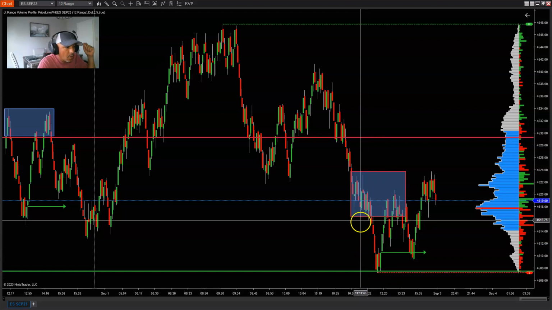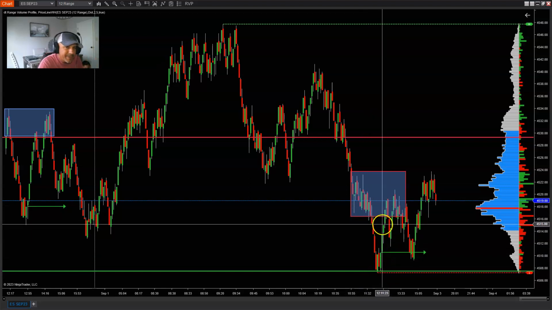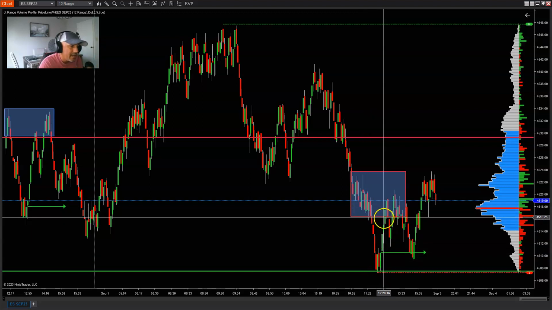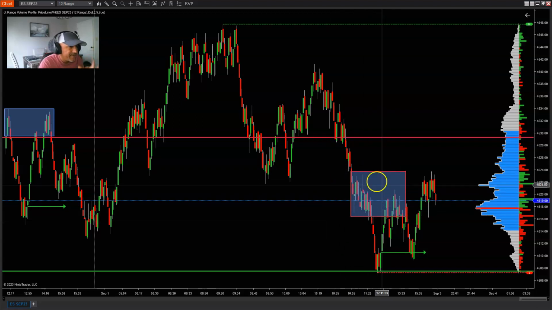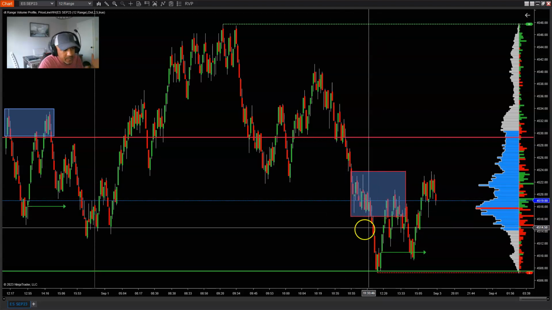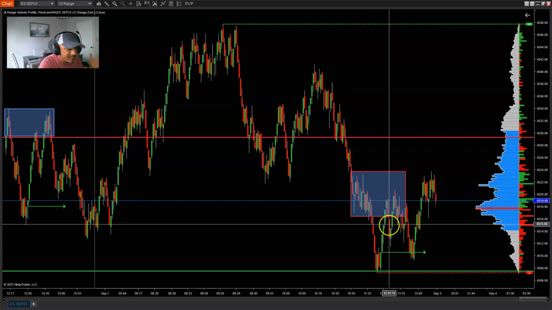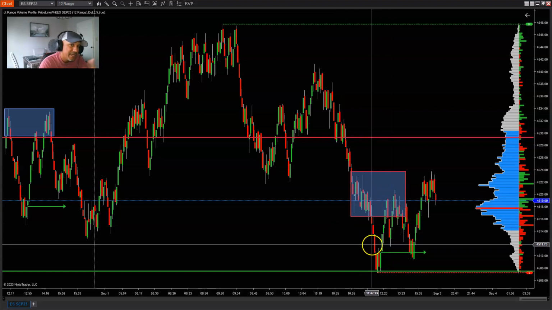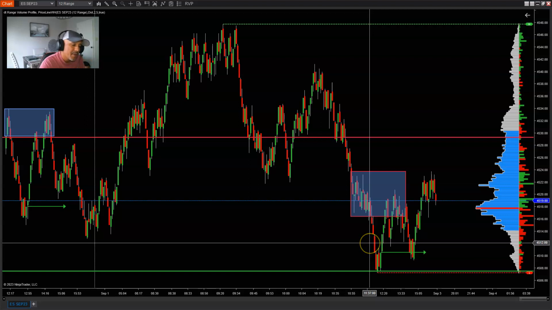Now, what we're looking at as well is that once it pulls back to that 24 range supply area, and we identify here on the 12 range chart that there's still opportunity to take price back down to the lows when it taps into that 24 range supply zone, we're not taking our trade off the 24 range chart.